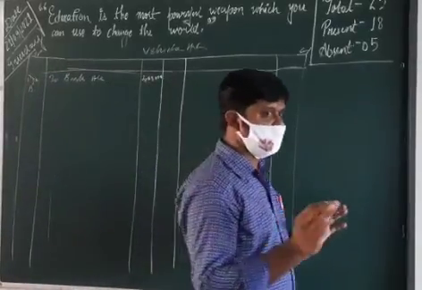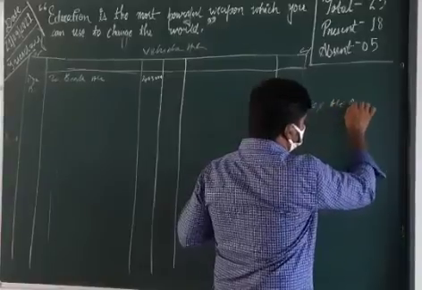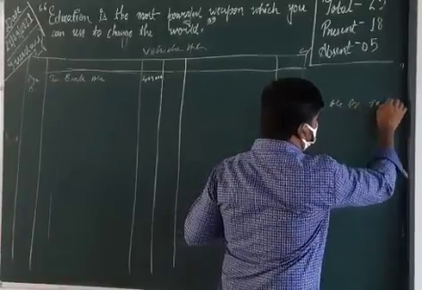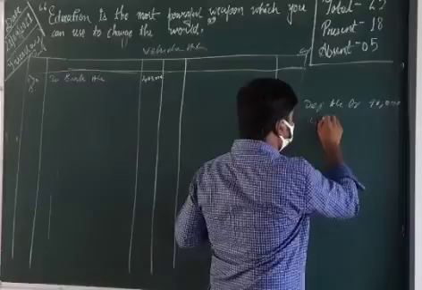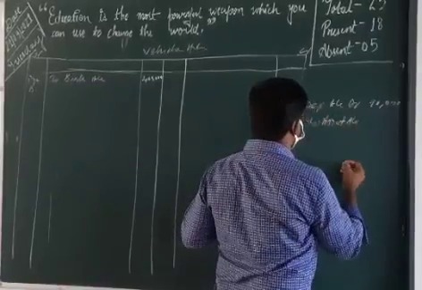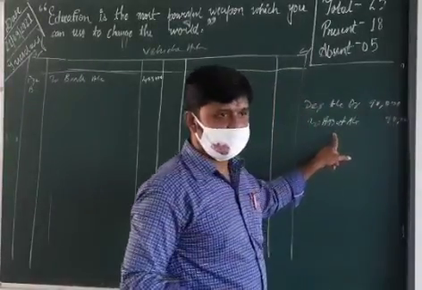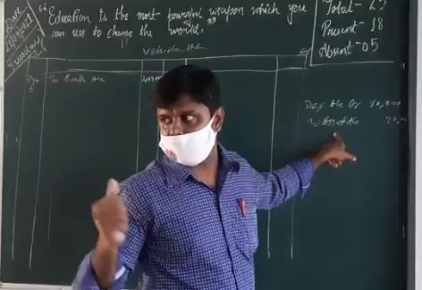So our journal entry normally is like that. Depreciation account debit 90,000 to asset account 90,000. This is the entry, no?